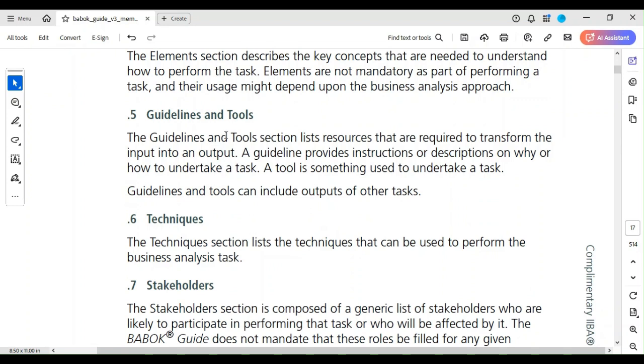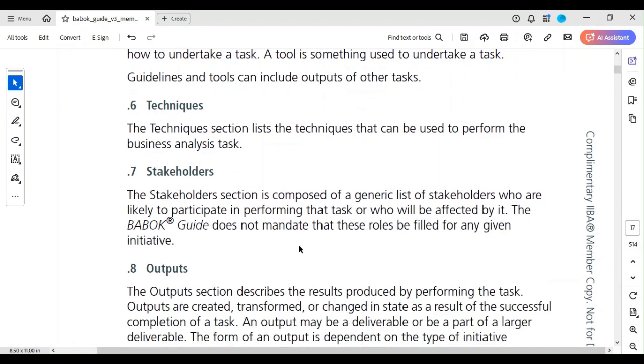It helps you with tools or resources you need to transform the input into an output. A guideline provides instructions or descriptions on why or how to undertake a task. A tool is something used to undertake a task. Okay? Guidelines and tools can include outputs of other tasks.